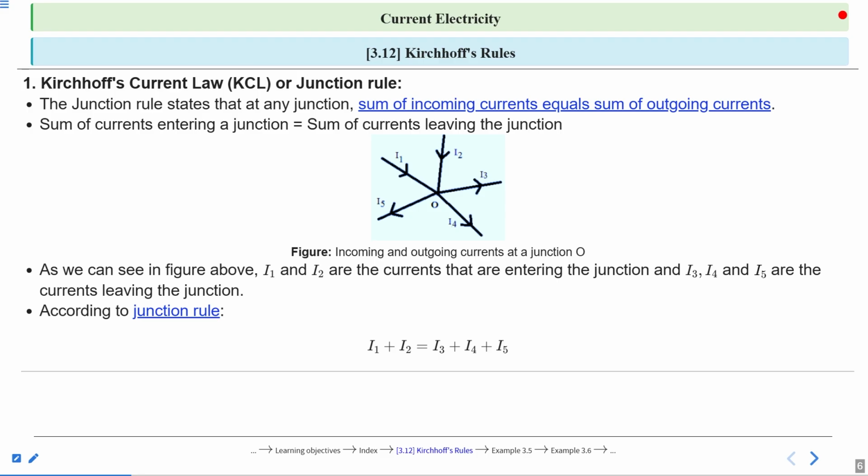The sum of currents entering the junction must be equal to the sum of currents leaving that junction. So the sum of both these currents should be equal. That is Kirchhoff's current law or junction rule.